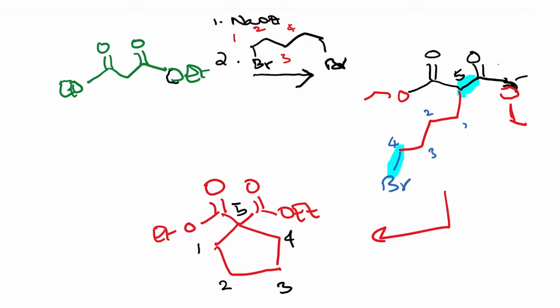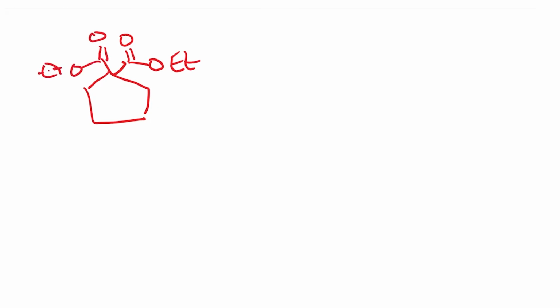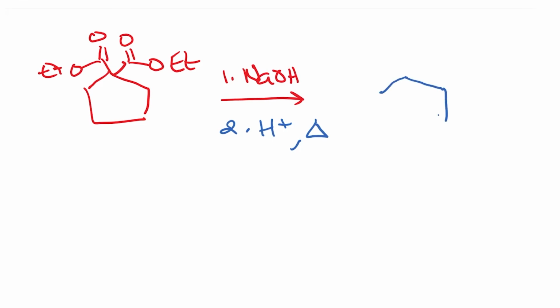And then the interesting thing that you could do is that once you have this COOEt, COOEt, in 2 steps, by first doing sodium hydroxide, and then the second step is H plus and heat, you can do a decarboxylation reaction and end up with the corresponding carboxylic acid, which can of course be further transformed if you want to.